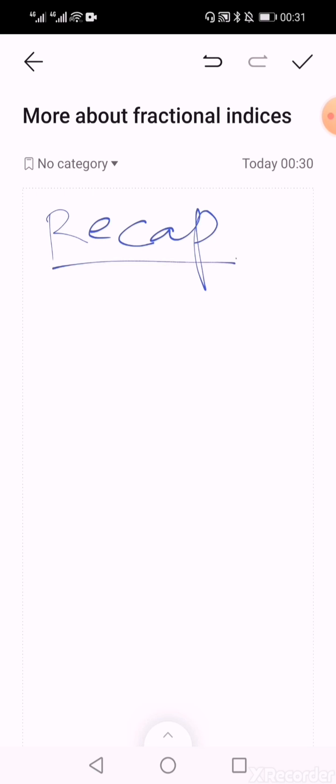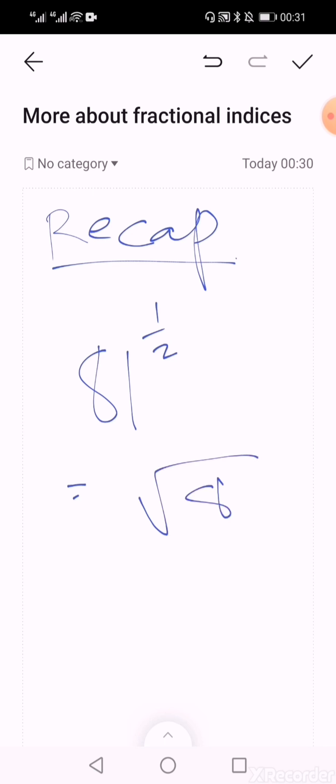So we have looked at 81 to the power 1 over 2, and we said this one is the same as finding the root of 81, which is 9.